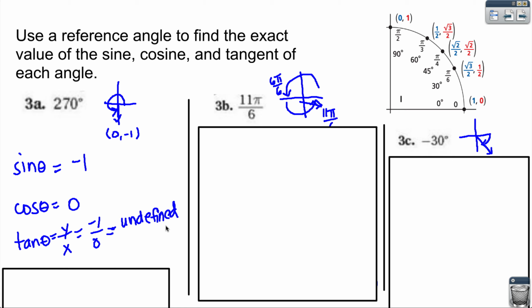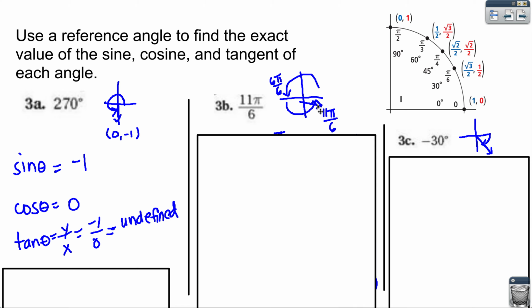All right, for the second example, 11 pi over 6, remember, over 6 means half of a circle was divided into 6 parts, therefore the whole thing is into 12 parts. If that's the case, the 11th measurement would end up somewhere down here on the 4th quadrant, if you notice.